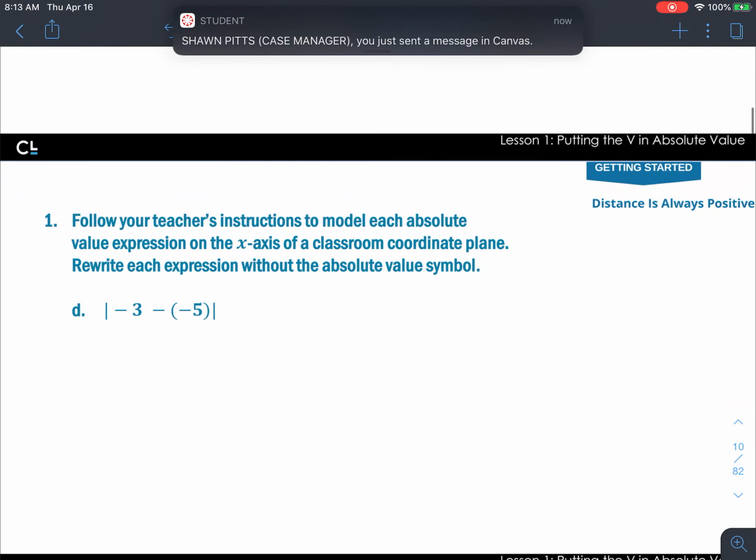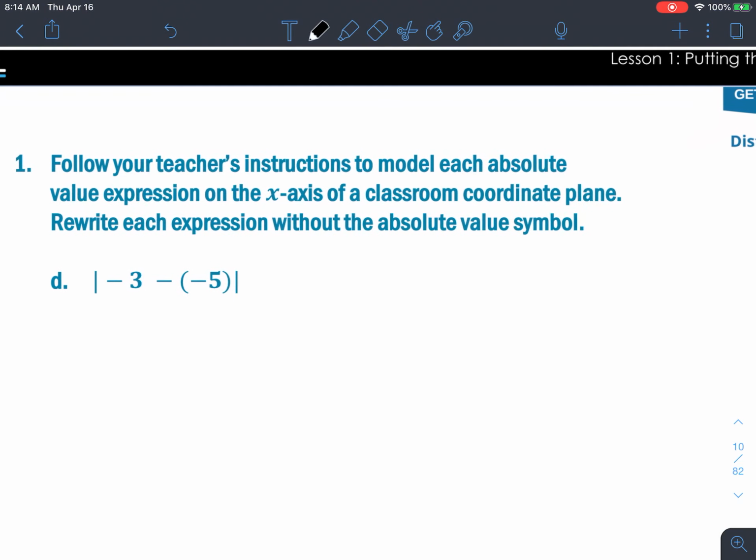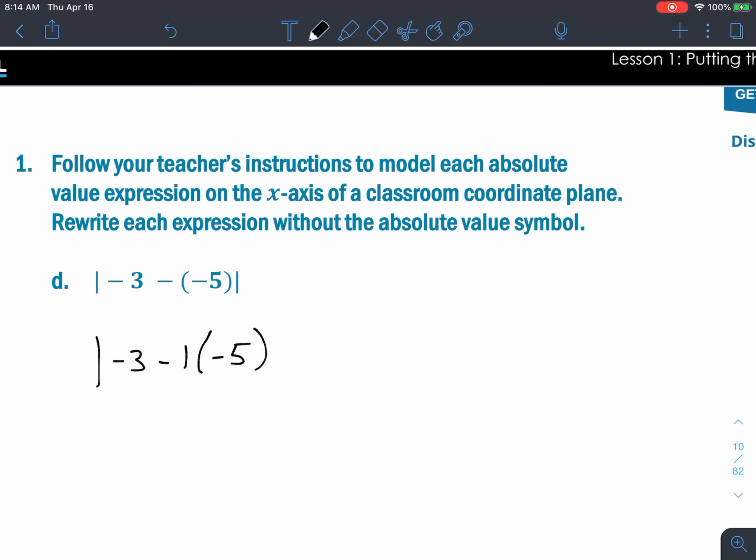Now, this one gets a little more tricky. Because how this is written essentially is -3 minus 1 times -5, absolute value. So we look at this as -1 times -5, that's going to give us +5, because a negative times a negative gives us a positive.